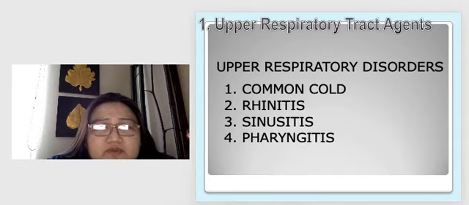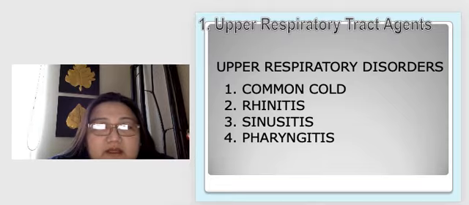So, most of the common respiratory disorders sa upper respiratory tract is common cold, which is also acute nasopharyngitis. We have rhinitis, runny nose, sinusitis, inflammation and infection of the sinuses, pharyngitis, kung saan merong sore throat.